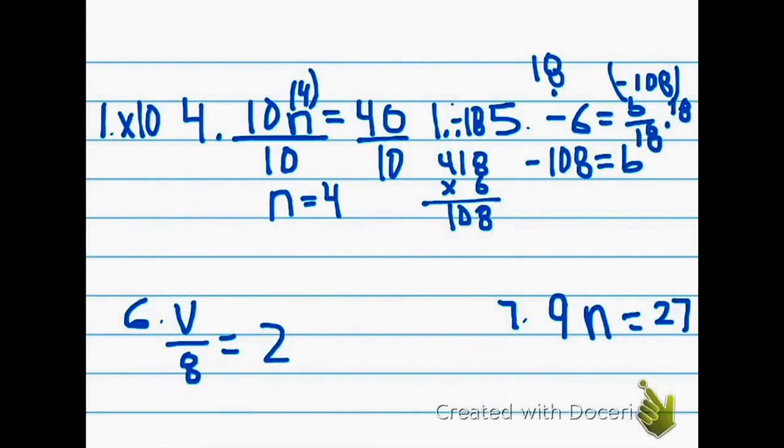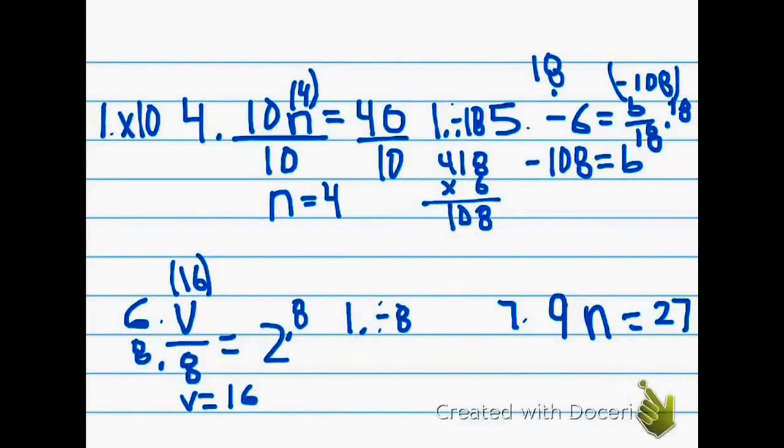So for number 6, let's write down our step. It's being divided by 8. So we have to multiply by 8. Then 8 times 2 equals 16. When you plug that in, it equals 2. So you know you got it right.